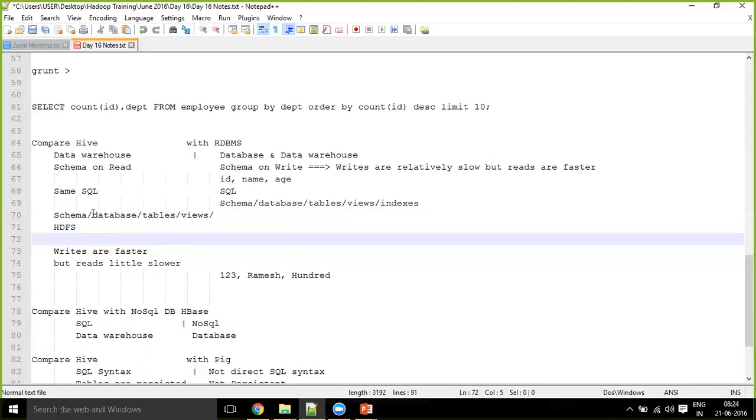First of all, it will not at all have any space dedicated, something that is unique to Hive or something that is accessible only by Hive. Any data that you store in Hive, it's nothing but a HDFS directory or a HDFS file.